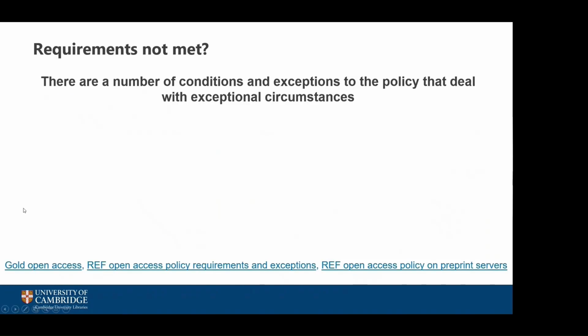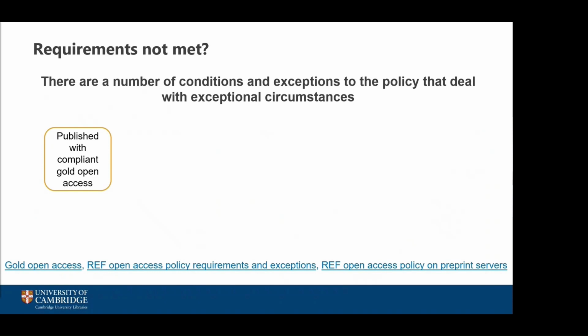If an article is in scope of the current REF Open Access policy, but has not been deposited in Apollo, or was deposited in Apollo after 3 months from acceptance, it is still possible that the article can be eligible for a REF submission. For example, articles published through the Gold Open Access route from the time of first publication meet the requirement of the current REF Open Access policy.